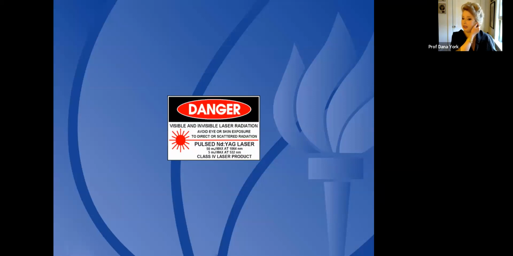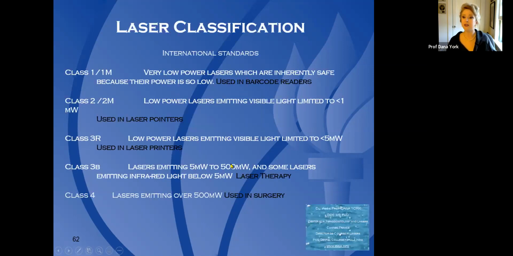On the unit we see this laser, visible, invisible, the type of laser radiation and the dosage. This is a sign for class 4. Laser therapy is used in class 3B. Let's look at what types of classes of lasers we have. We have class 1, very low power, used in barcodes at the supermarket.